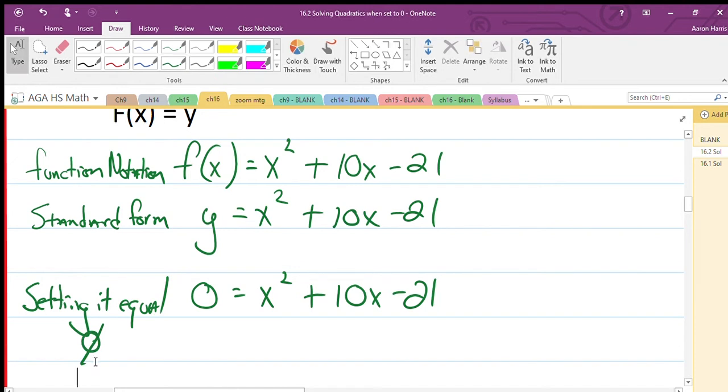And why are we setting it equal to 0? Because it puts us on the x-axis. Does that make sense? Okay. So a lot of this is preliminary. We're now going to focus on making sure that you understand how to find the zeros.